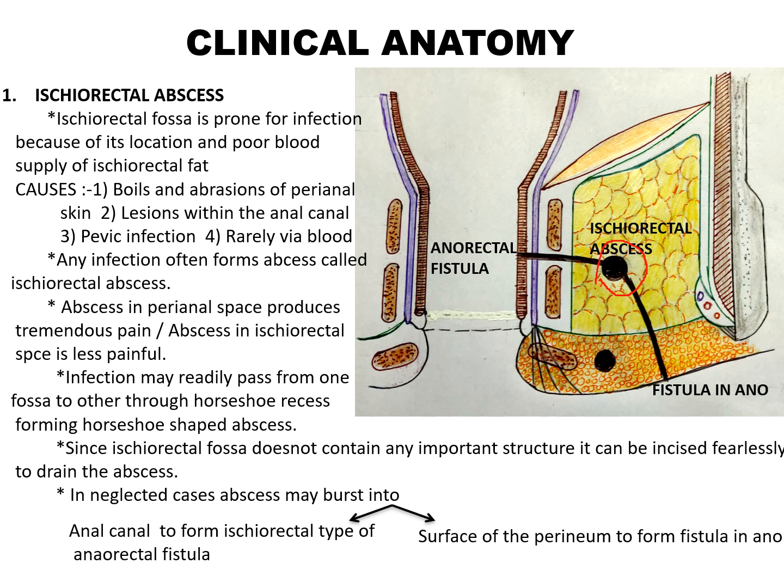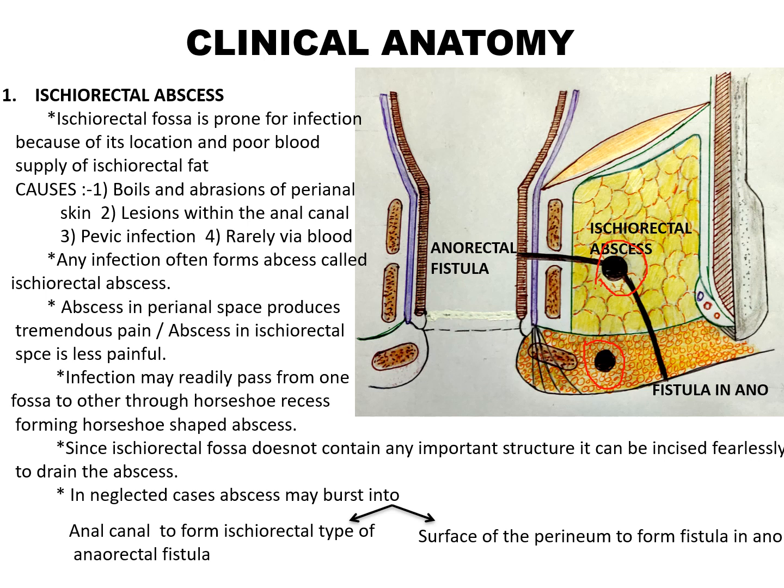Abscesses in the perianal space produce tremendous pain because this space contains tightly arranged fat in small loculi. So any collection in this space produces maximum tension, which in turn results in tremendous pain.